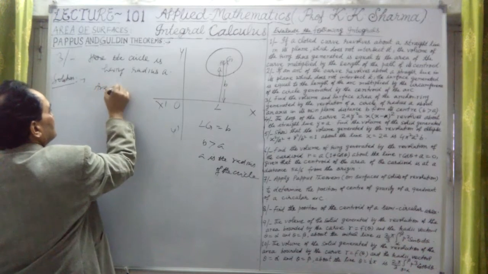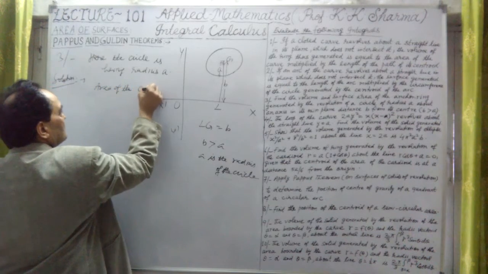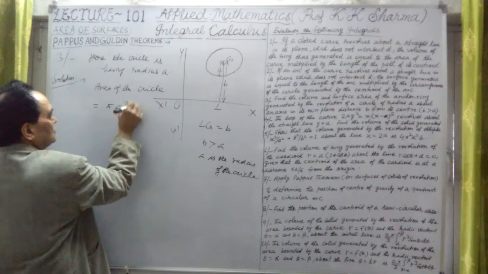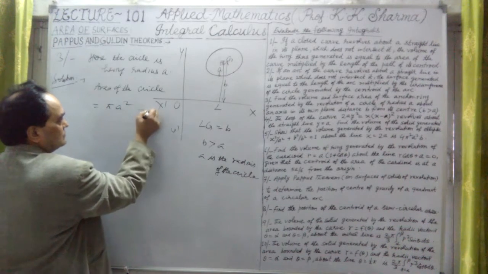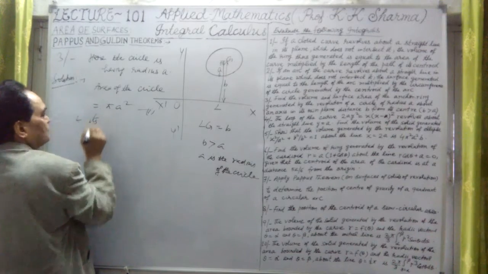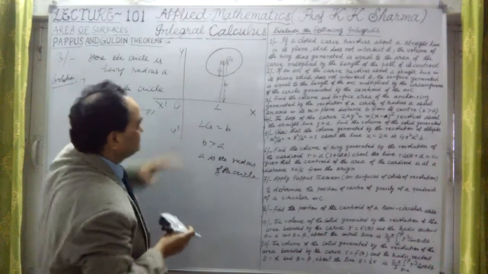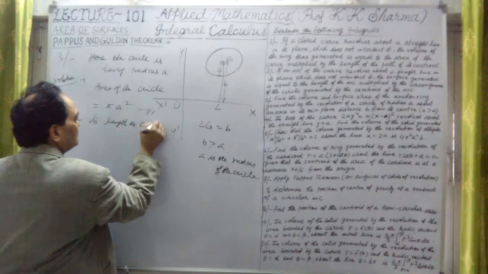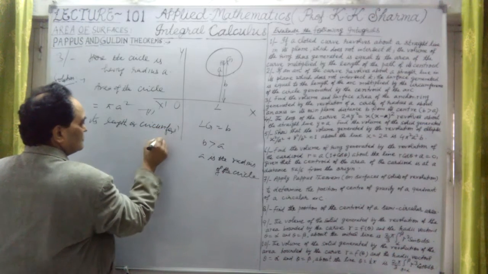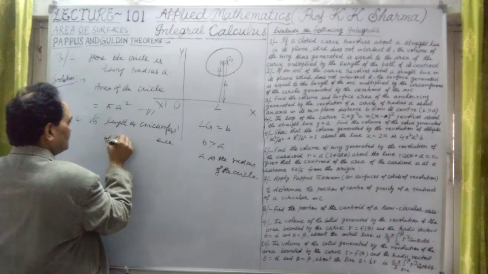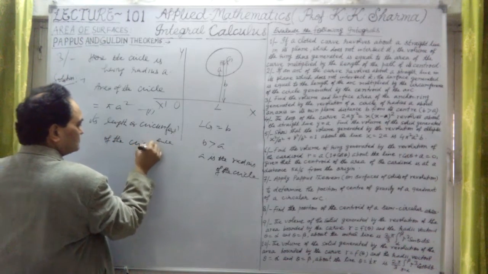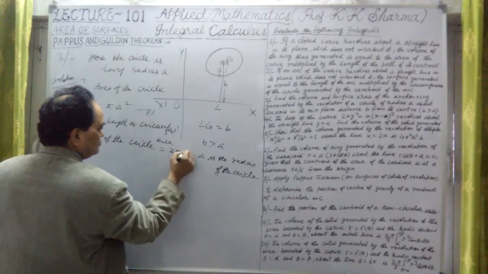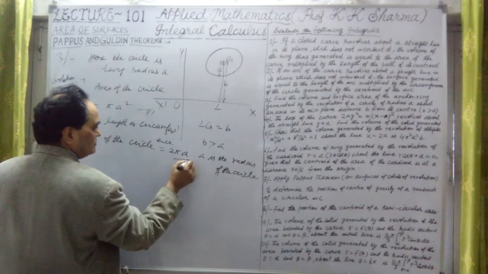The area of the circle is pi r squared, or pi a squared. This is the first equation. And the circumference, or length of the whole circle, is equal to 2 pi a. This is the second equation.